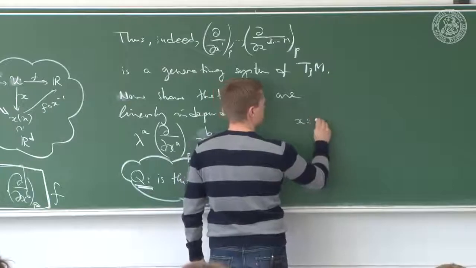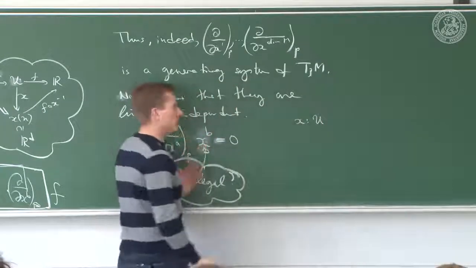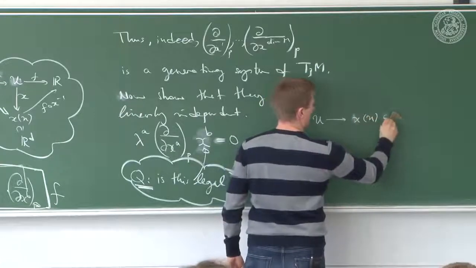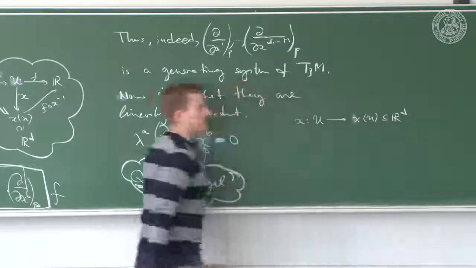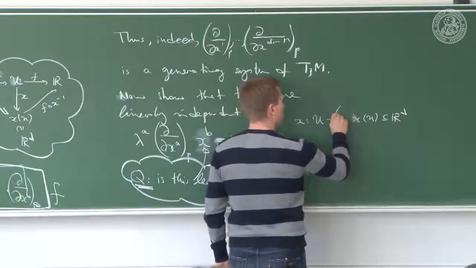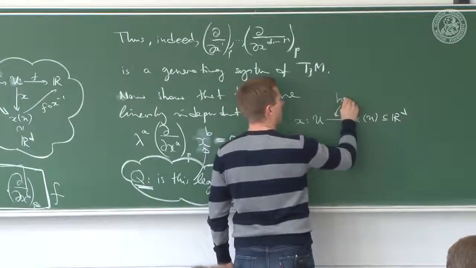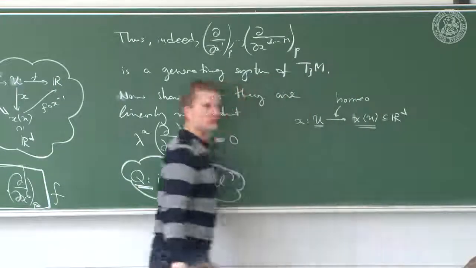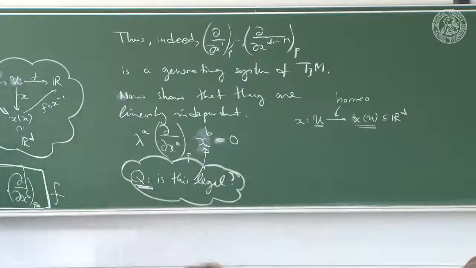So the x's, this is the chart map, the components of the chart map. The chart map is this kind of guy, you remember? And what do we know about it? We know about this chart map that it's a homeo from U to its image. It's continuous, invertible, all that kind of stuff.